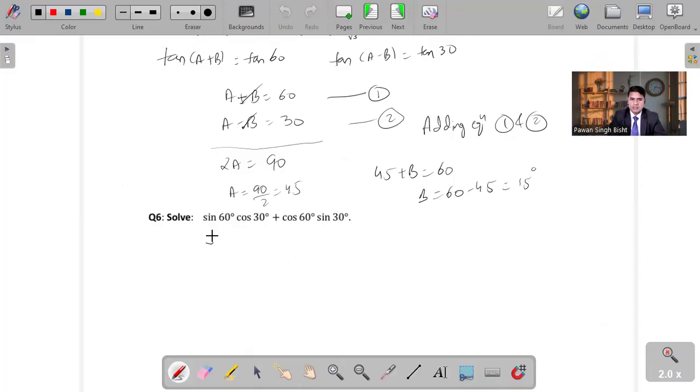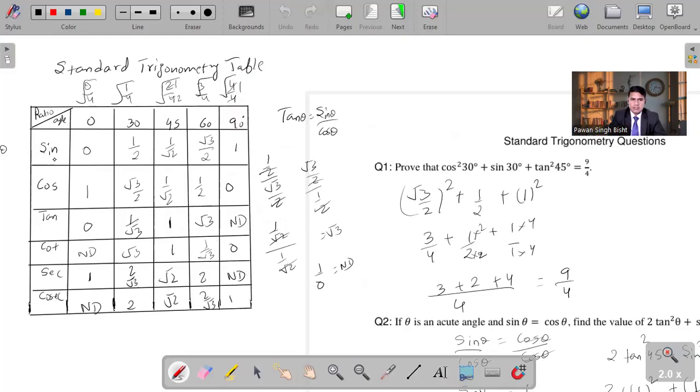Sine 60 is root 3 upon 2, cos 30 is root 3 upon 2, cos 60 is 1 upon 2 and sine 30 is 1 upon 2. So we are using these values.